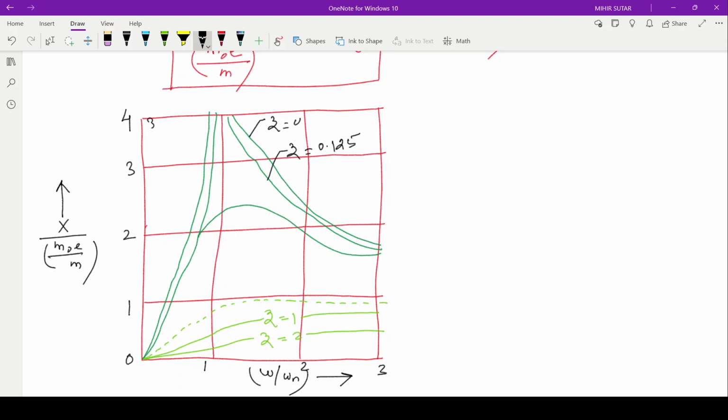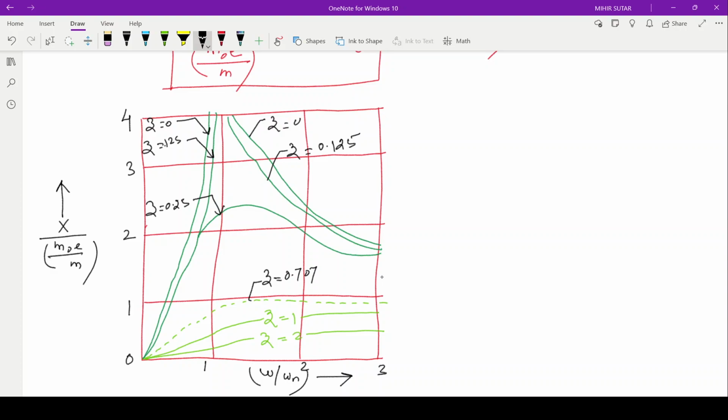Here also zeta 0, zeta 0.125, then zeta is equal to 0.25, here zeta 0.707, okay.